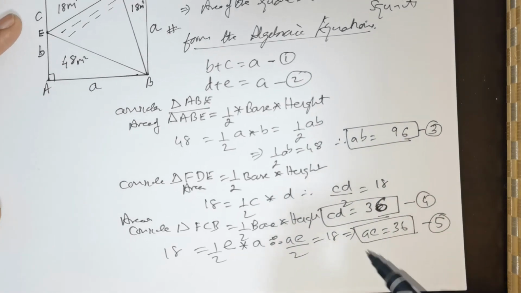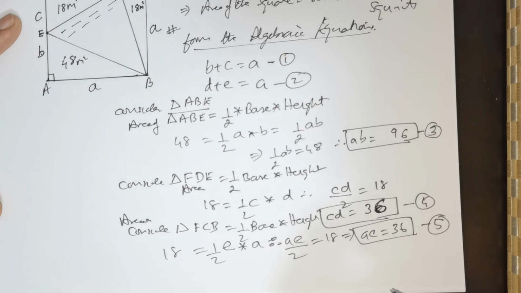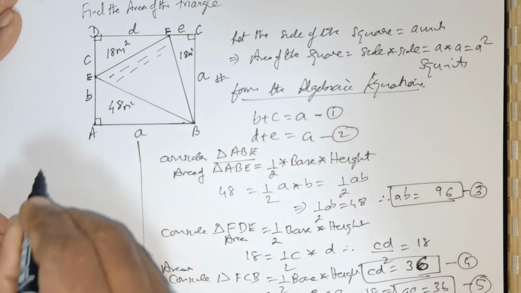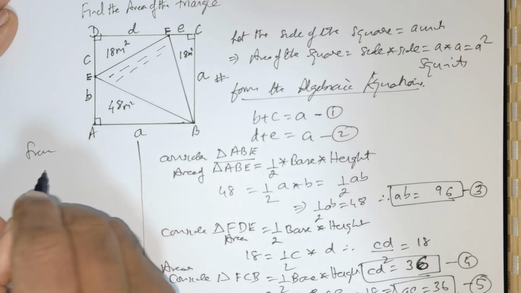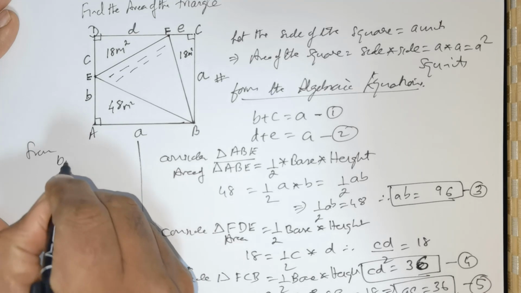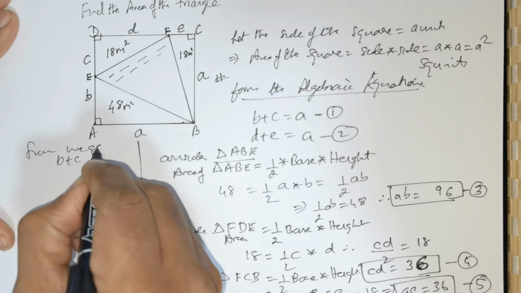Okay, so having got all this, I will go back and consider 1. From 1, what do we have?